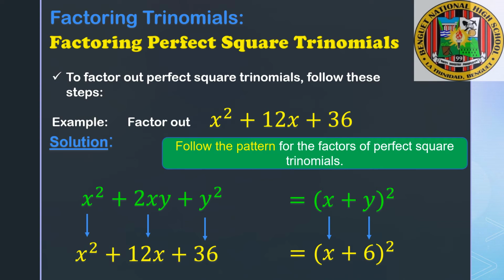And since the second term in our PST uses a plus sign, then the sign in our binomial factor would also be plus. Therefore, the factors of x squared plus 12x plus 36 is the quantity x plus 6 squared.